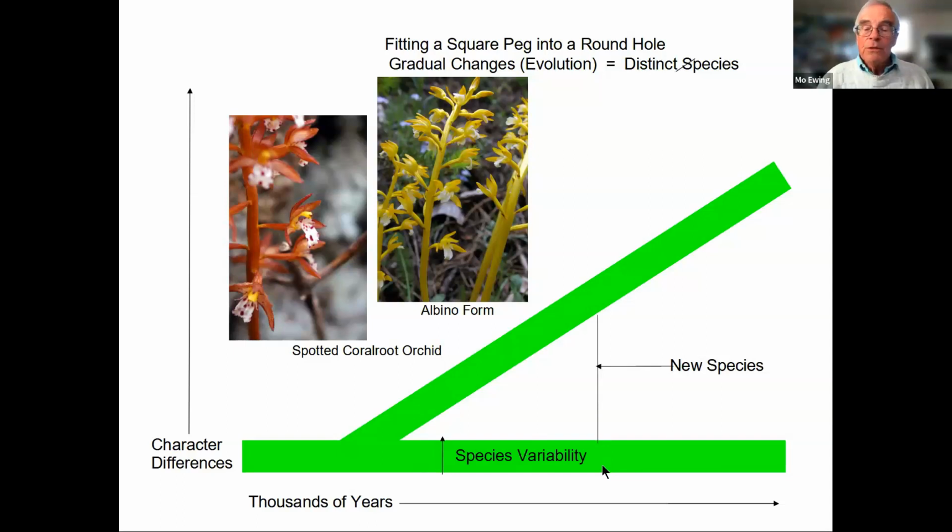And we as humans say, well, I know they're originally the same species, but I can't stand it anymore. We've got to split them because they don't look alike anymore. And so we split them into different species. And so we're basically trying to fit a round pole into a square hole.